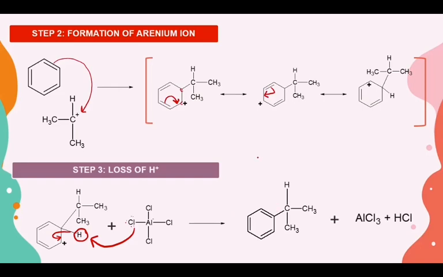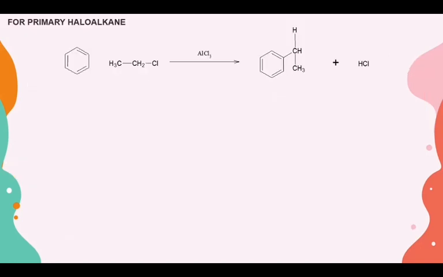We will have our AlCl3, the Lewis acid catalyst, and HCl as our side product. Okay, when Cl attacks H, this AlCl bond will also break. That's why we have the side product HCl, and AlCl3 will remain as AlCl3.